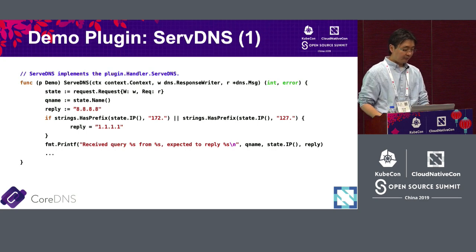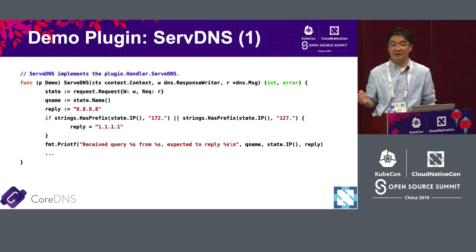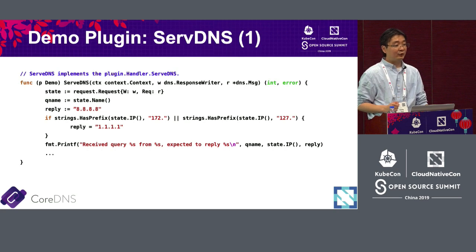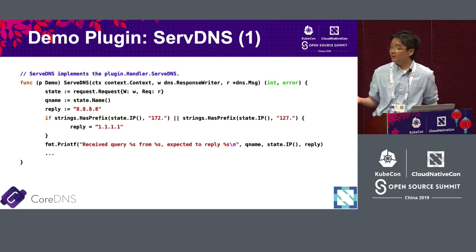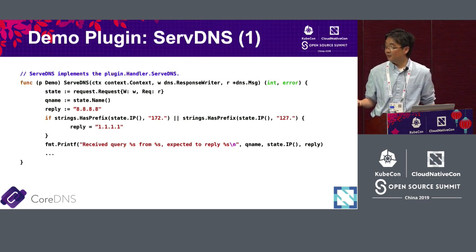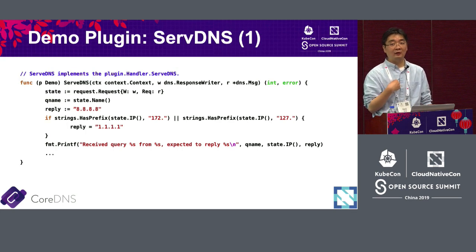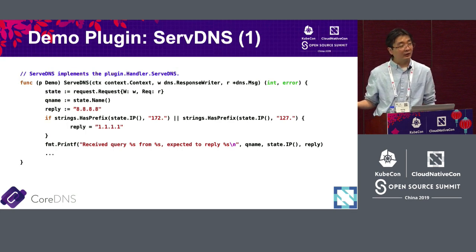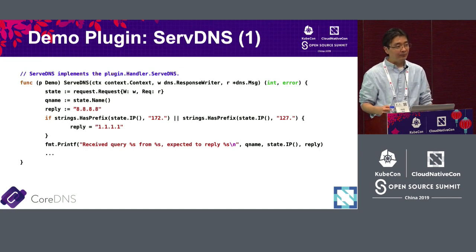You get a QName, that's a query name, and you can decide if you want to reply with an IP address. As we discussed here, you want to reply with a different IP address based on where the query comes from. If the query is coming from a private IP address, let's say 172, which means it's actually internal, or if a query is from an IP address of 127, which means it's a local query, we are going to return 1.1.1.1.